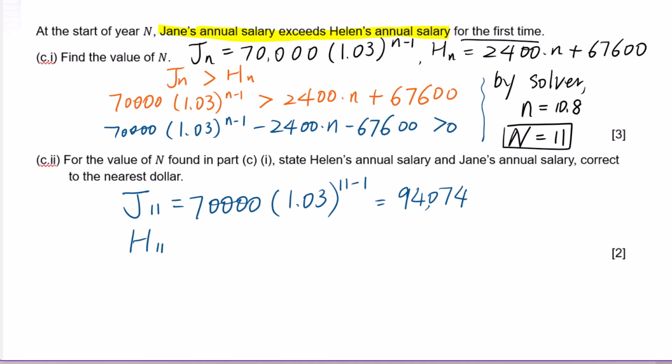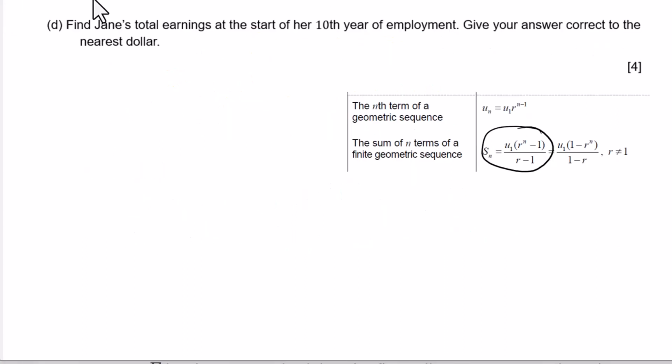H sub 11 equals 2400 times 11 plus 67,600 equals $94,000. Let's go to D.